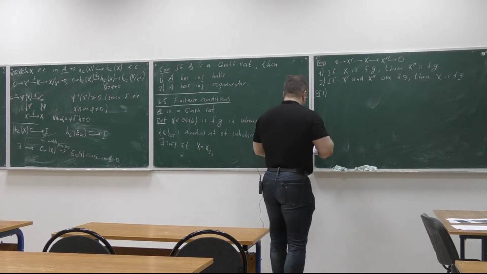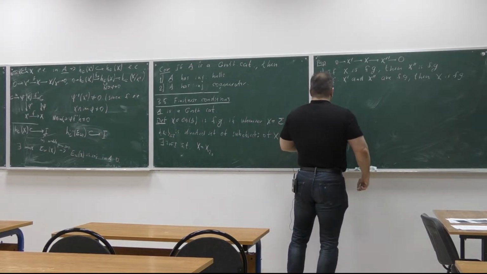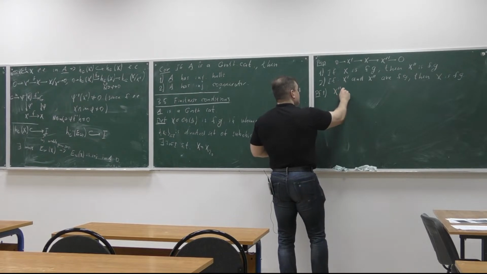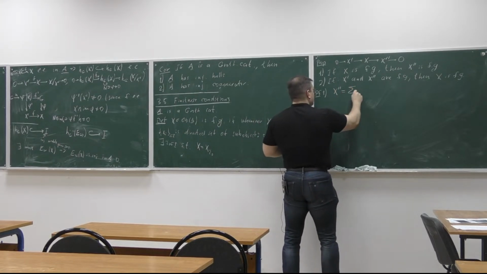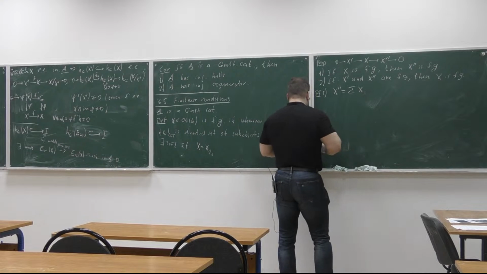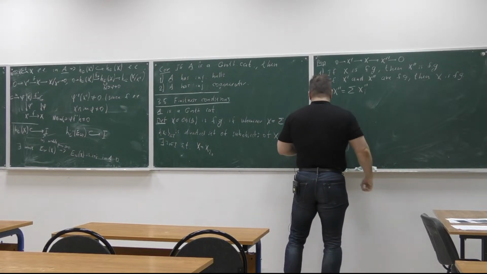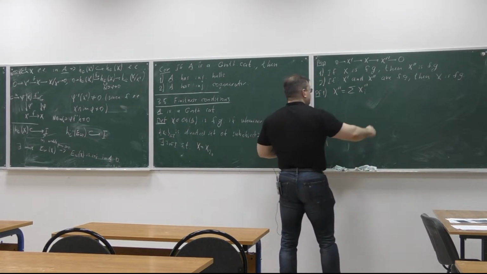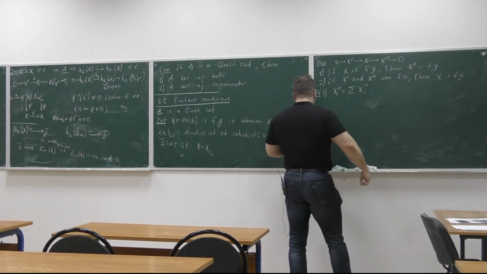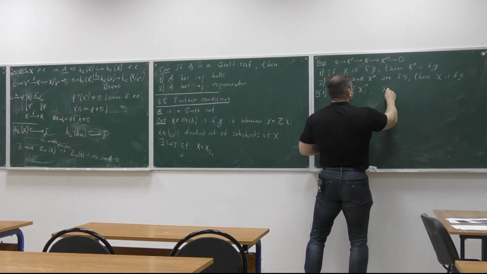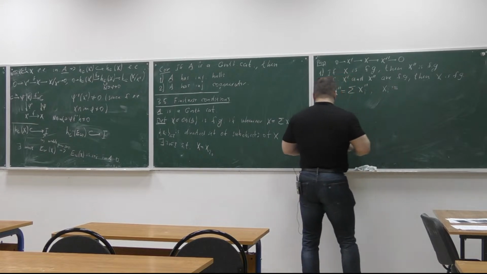Proof of the first part. Okay, so let's take X double prime, and say that this is the sum of sub-objects X_i double prime. Now I want to define the object X_i.